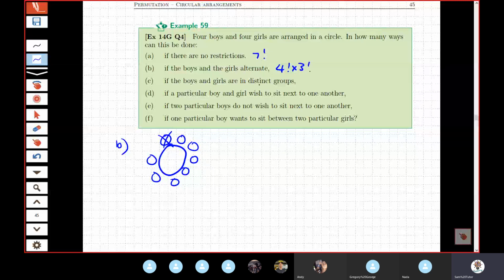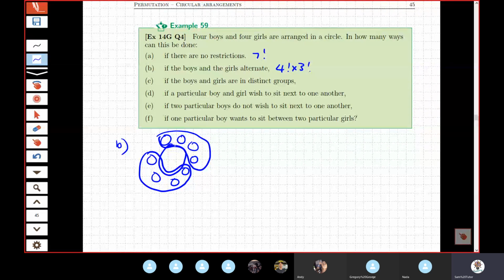If the boys and girls are in distinct groups, that means in different groups again. So that means like this. And like this. Right? That's how I understand distinct groups. So my answer for this would be just 4 factorial times 4 factorial.